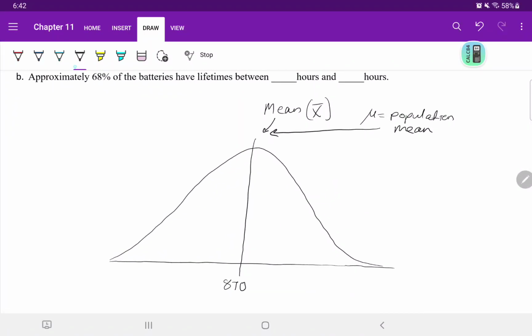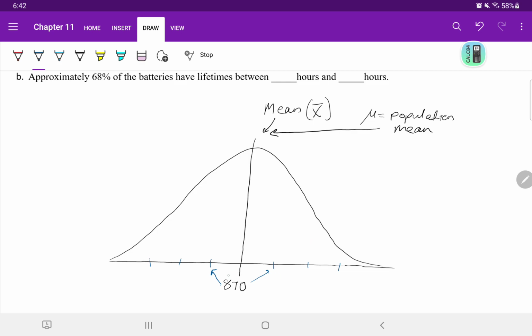So in purple, I'm going to draw 3 units on the right side of the mean, 3 units on the left side of the mean. The distance between the center and each unit moving to the right or to the left is called a standard deviation. And each standard deviation is worth 70 hours.